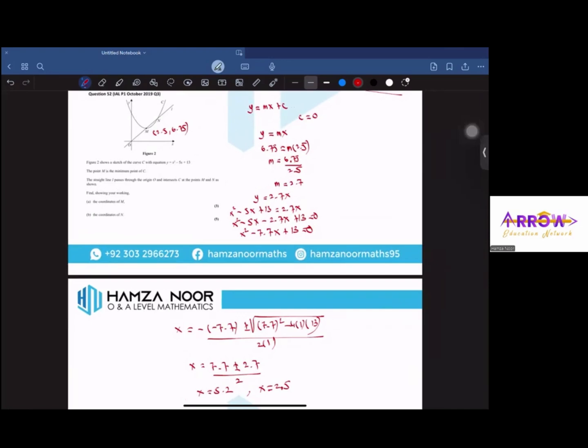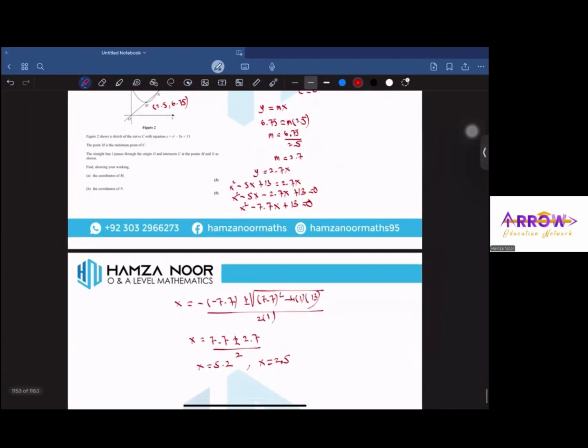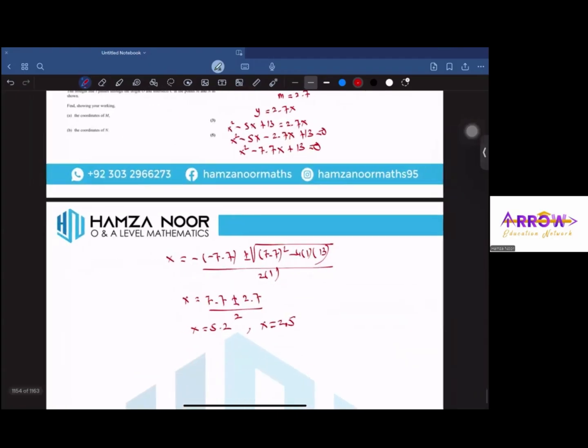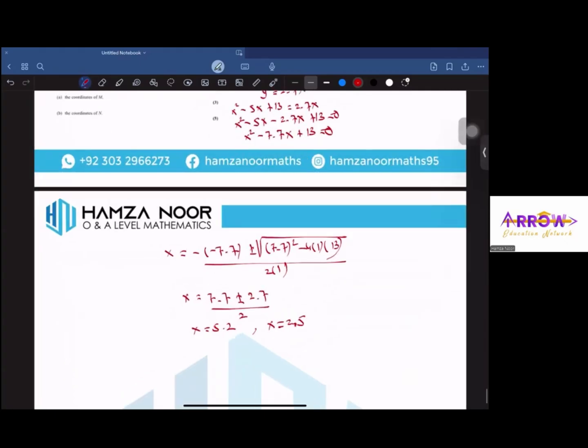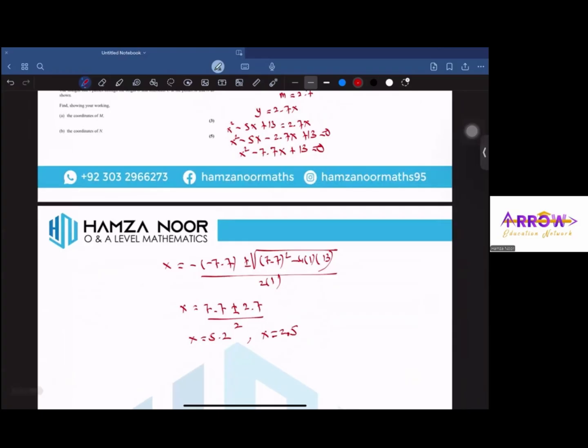So this means that the x coordinate of N is 5.2. And now I'm going to substitute it into the equation of the line or the equation of the curve to find the corresponding y coordinate. The simple way is to just use the equation of the line L, which is y equals 2.7x.